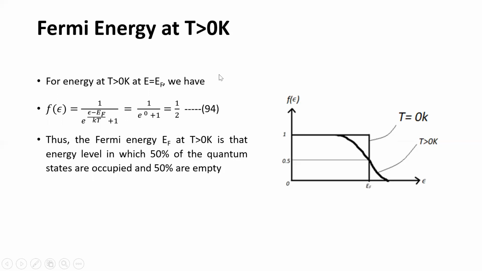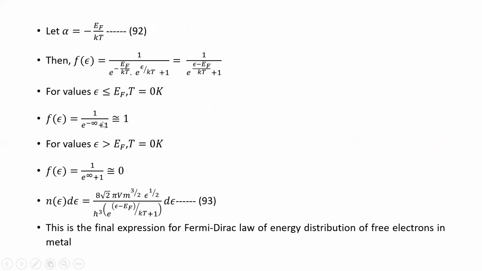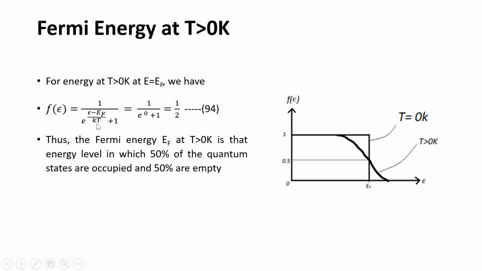Now we will see what happens if T is greater than 0 Kelvin. That means the temperature of the metal is increased from 0 Kelvin. Now substituting the expression of F of E, the expression of F of E is this one. So here T is greater than 0 Kelvin and we substitute E is equal to EF. So when E is equal to EF, this quantity becomes 0.